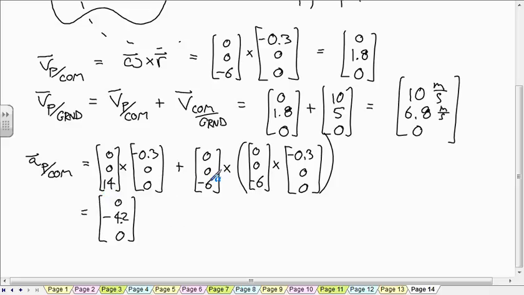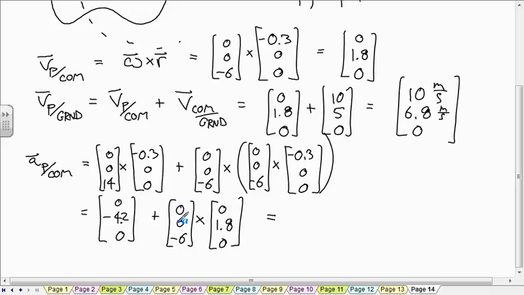And then this one is the velocity vector that we had before, so that should be 0, 1.8, 0. Add those two together, and what do you get for a total?